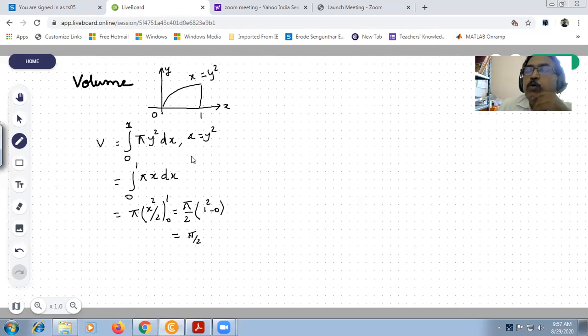You don't worry about all these things you have studied. Simply remember the volume and area formulas: π y² dx, surface area, f(x) dx, and so on. Don't think that you have to take the parametric form x = at², y = 2at, and so on.